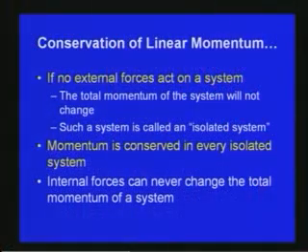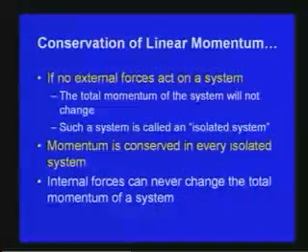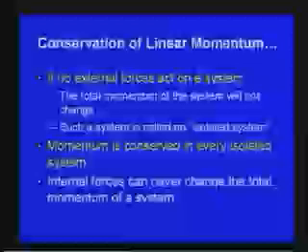So the system can be of two types. In one, the total momentum of the system is not changing, there is no external force, and the fluid or the body is moving with its own initial momentum. Such a system is called an isolated system.